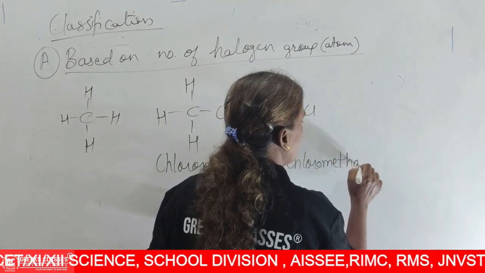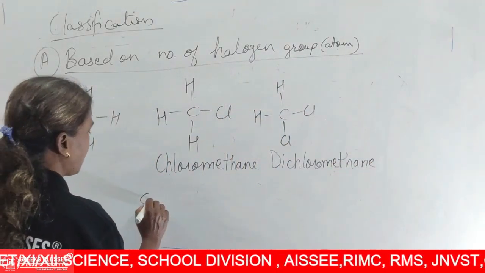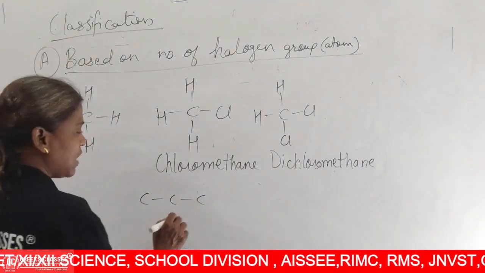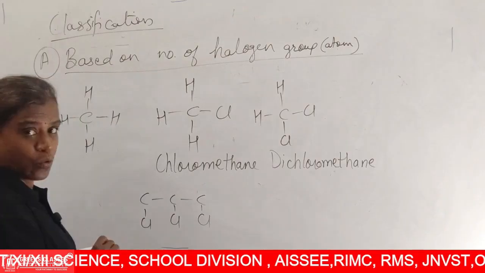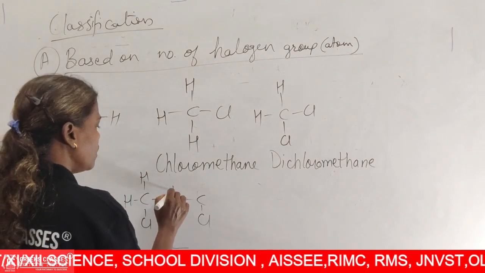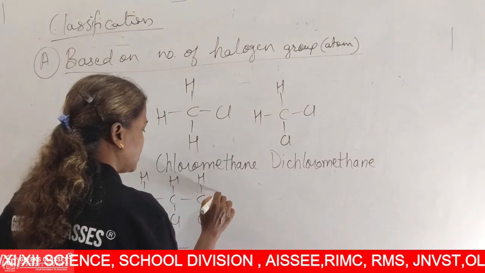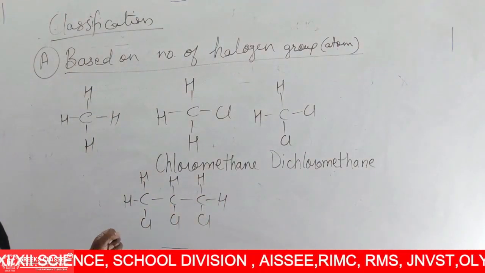So dichloromethane. Now let us say I may have 3 carbons, and each carbon has a halogen group attached to it. So over here there are 3 chlorines attached, each carbon having a chlorine group.